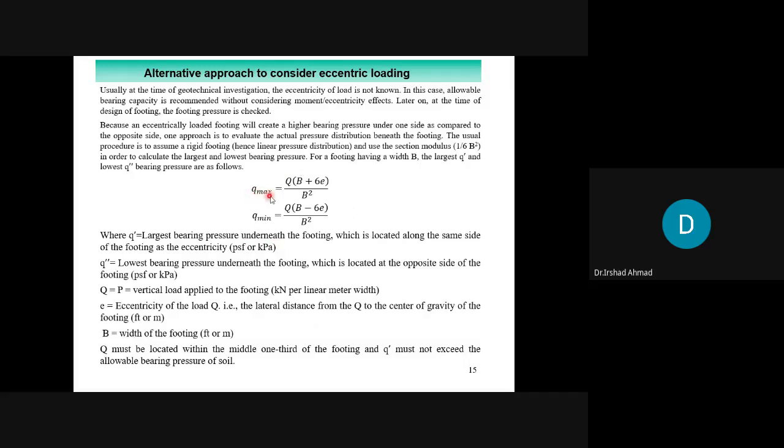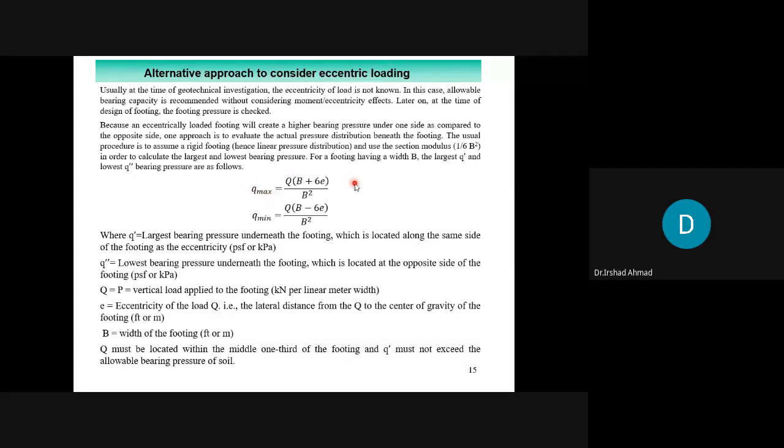Q maximum is the maximum stress in the soil caused by the eccentric load. Q is the load per meter run, B is the width of footing, E is the eccentricity. So using this equation, you can find the maximum stress on the soil due to eccentric load.